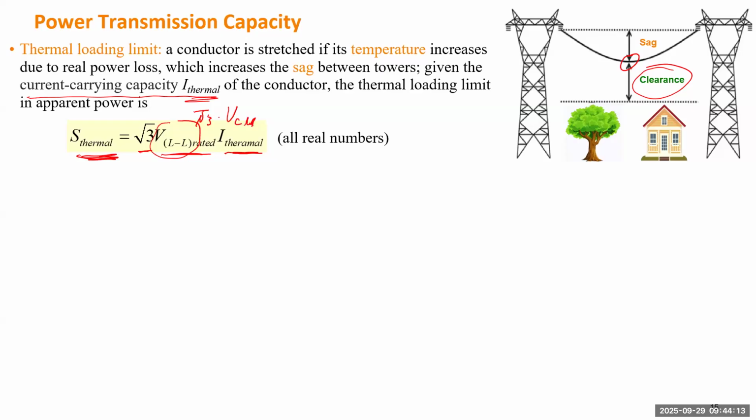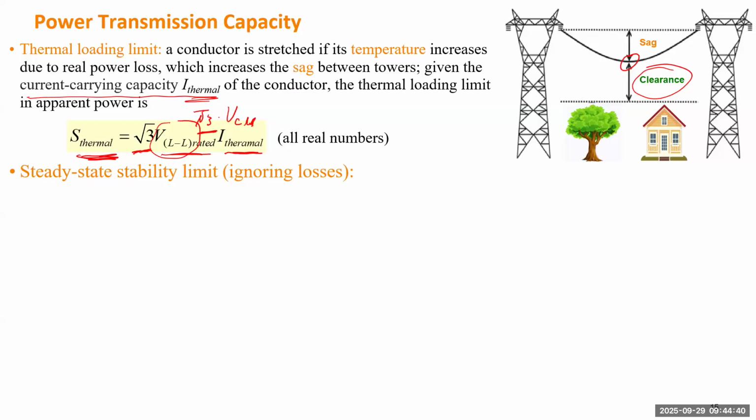And so this root of 3 and this root of 3 together, multiplication will be 3. So that will be 3 times the apparent power of each phase. So in this formula, all variables, all values are real. They are not complex numbers. That will be the highest limit we define for each line.